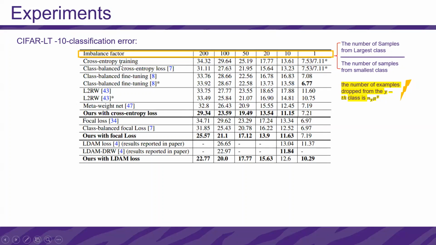As you can see, this imbalance factor is 200, and for these two values, this 32 and this 29, the difference between them is 3. And for the imbalance factor of 10, here is 12, here is 11. The difference is only 1. So the imbalance factor influences many results.